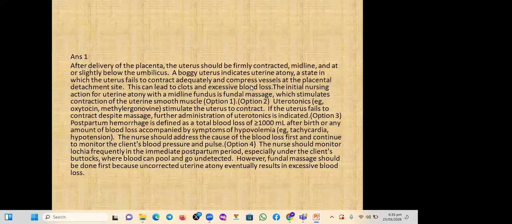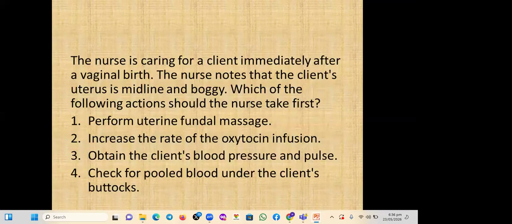So this one is also as easy and simple as ABC, right? It says the uterus is in the midline and it's boggy.